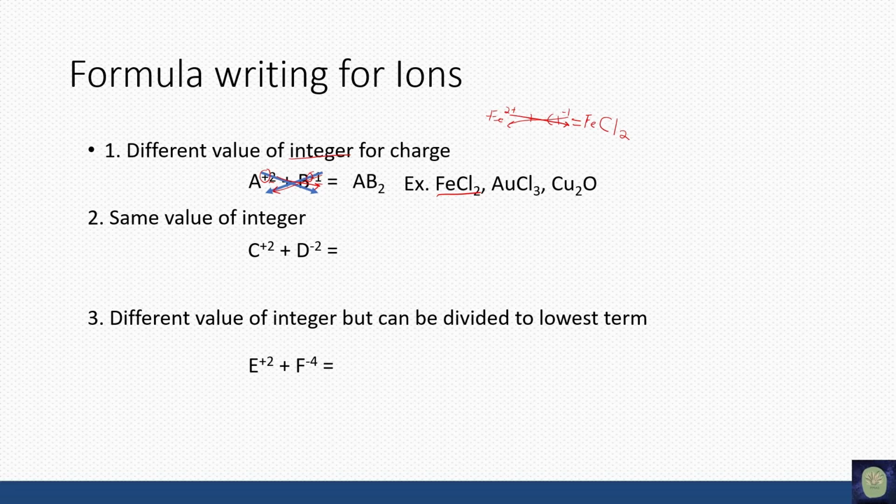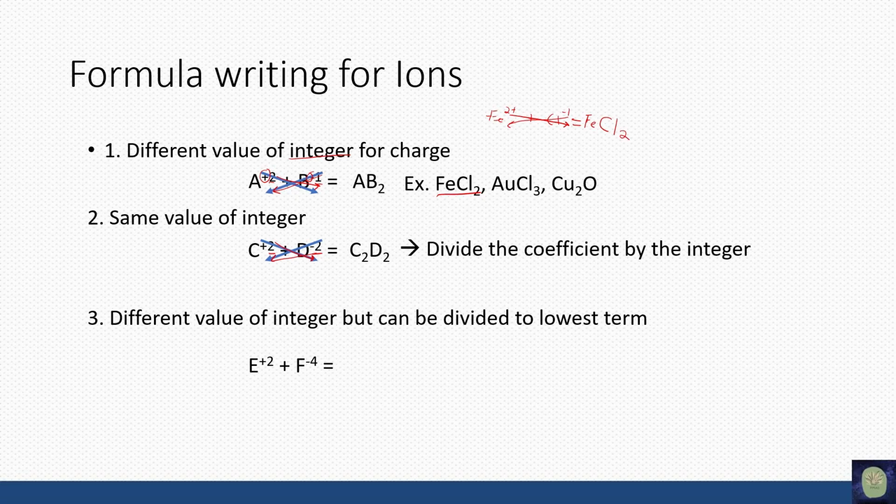Now, next scenario is if we have same value of integer. For example, here we have a 2 and another 2. So if we crisscross, this becomes C2D2.